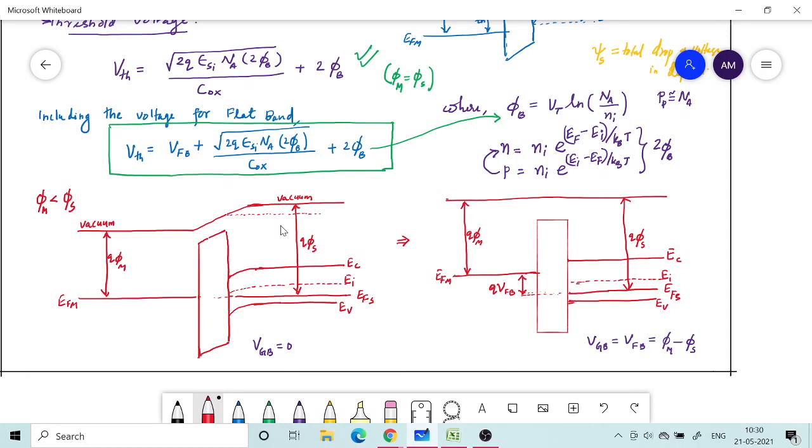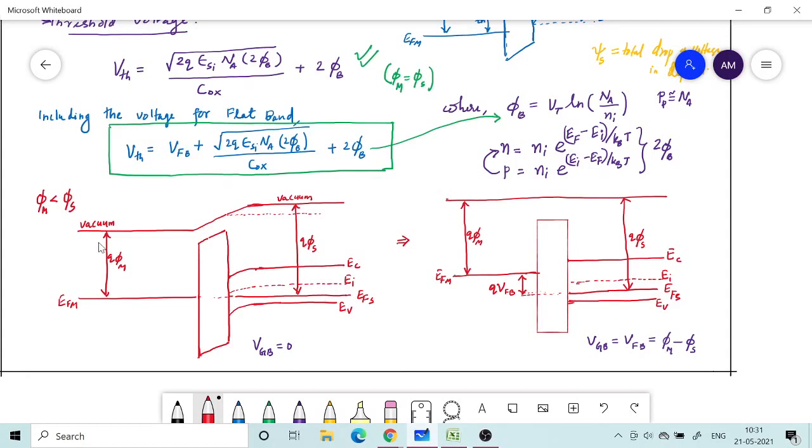The Fermi level has to be continuous, and the work function for P region and N region are going to be different. How much they are going to be different? They are going to be different by the location of EFS, right? I have drawn separately P and N in the last class, so if you can do it as an exercise, when you put them together, what is going to be the energy band diagram, that will be great.